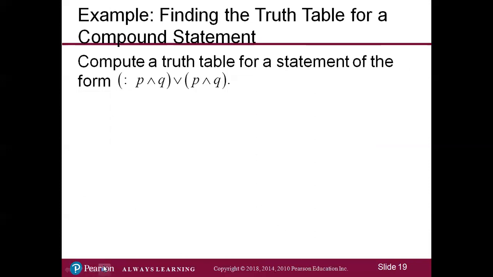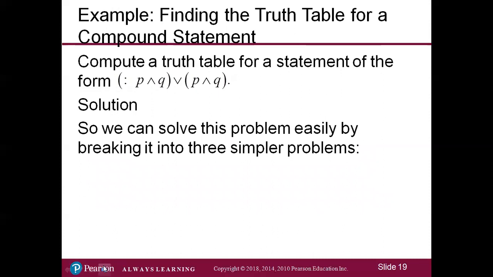Compute a truth table for a statement of the form not P and Q or P and Q. Solution. So we can solve this problem easily by breaking it into three simpler problems. Step 1, calculate the left-hand side.